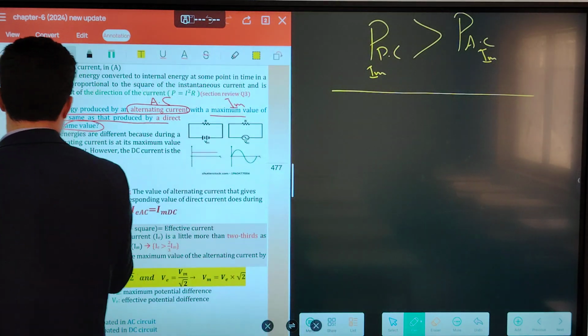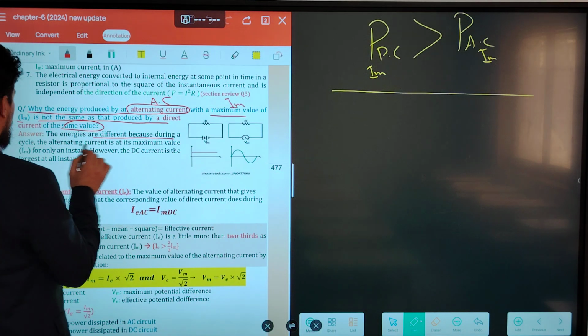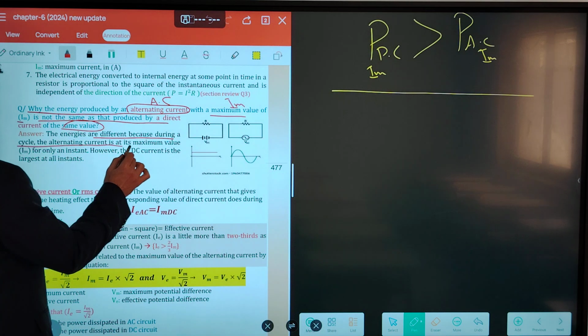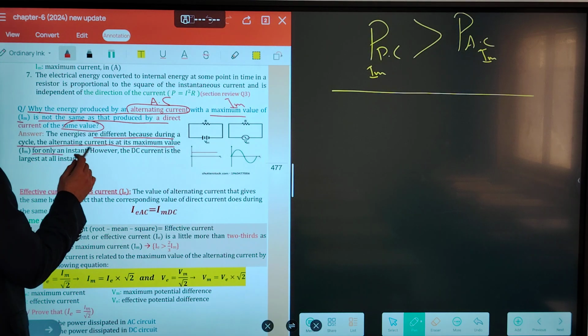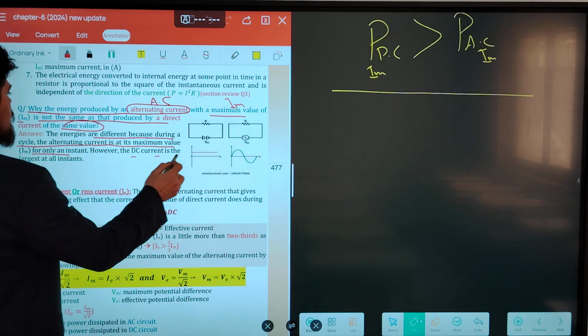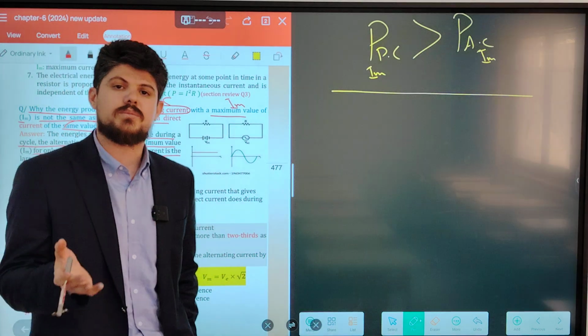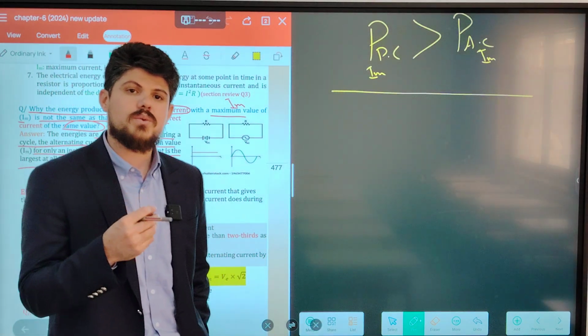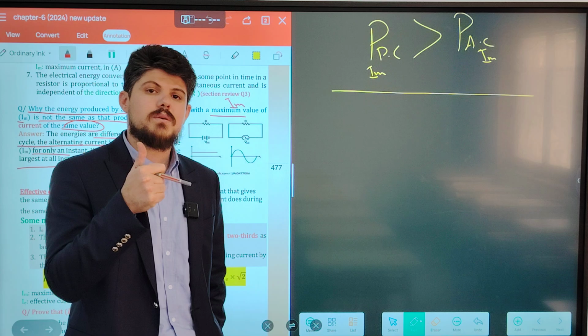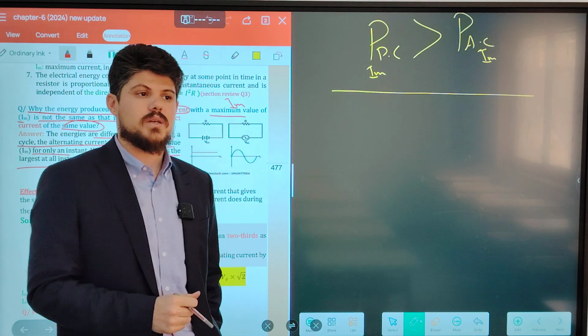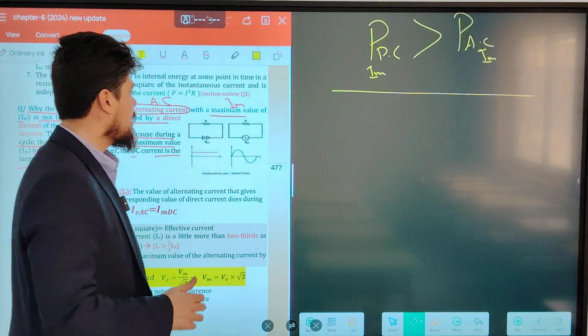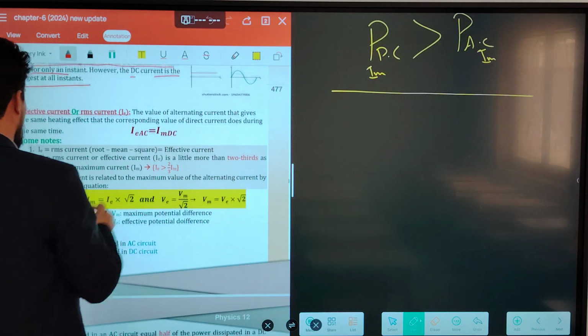The answer: the energies are different because during a cycle the alternating current is at its maximum value for only an instant. However, DC current is larger at all instants, continuously 10 ampere. Because in an AC generator, current is at its maximum value at only one instant. But in DC, all the time it is equal to the maximum.